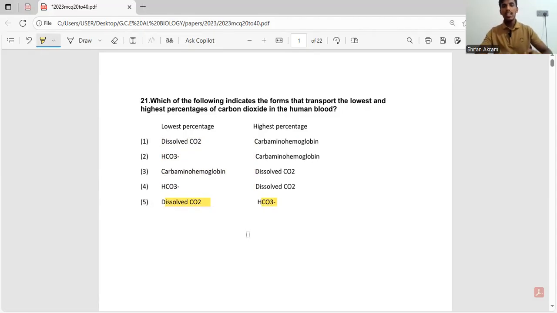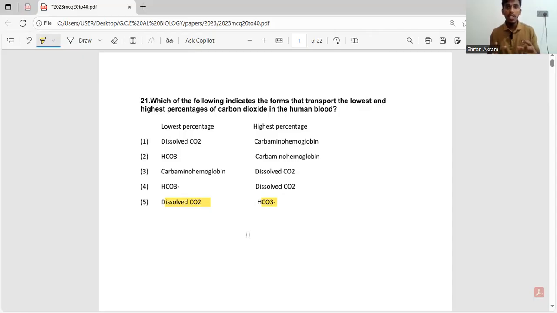Okay, now that we have seen the answer, there's one more thing I just wanted to teach you guys. It's about carbaminohemoglobin. If you haven't learned about it, carbaminohemoglobin is formed when carbon dioxide that is present in the blood, right? As I told, the carbon dioxide becomes bicarbonate, and some carbon dioxide doesn't react with anything. They are transported as pure carbon dioxide, but there's a portion of carbon dioxide that goes and binds to the hemoglobin.